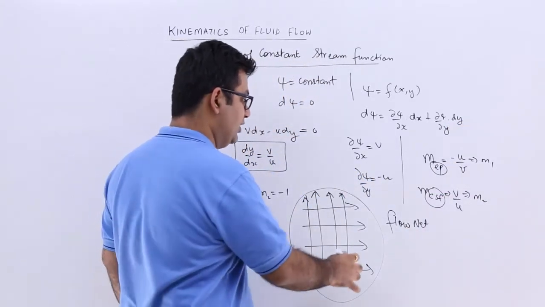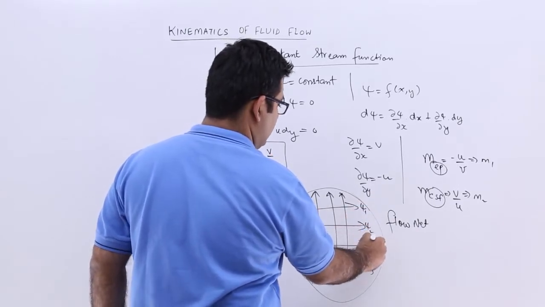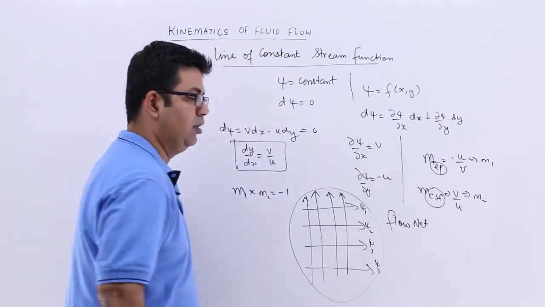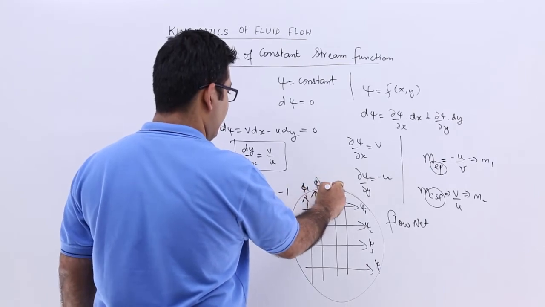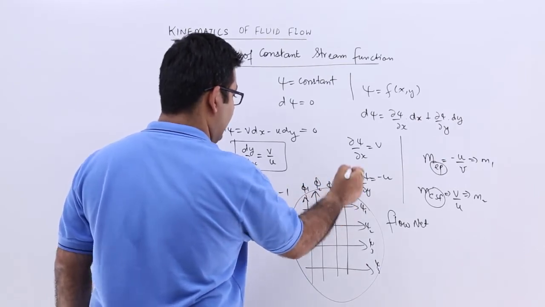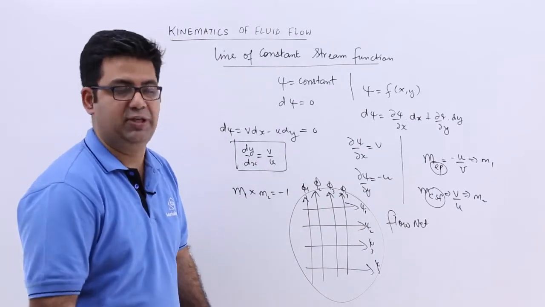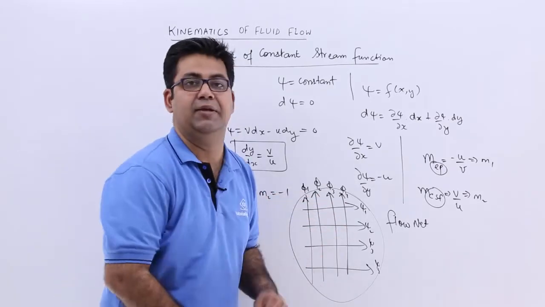Alright, so I can say that this is psi 1, psi 2, psi 3 and psi 4. So these are the lines of constant stream functions, and these would be phi 1, phi 2, phi 3 and phi 4. That is the lines of constant velocity potential function. So this is how you look at these two lines.